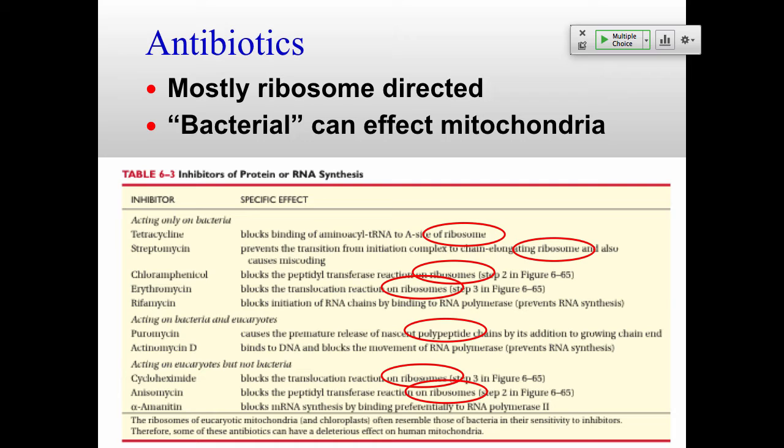And again, the basic story is really about the ribosome, and it's taking advantage of the differences between the bacterial ribosome and translation machinery and the eukaryotic ribosome and translation machinery. If you think about taking an antibiotic to treat a bacterial infection, if you can get something which is specific to bacteria, that's going to be a really useful tool.